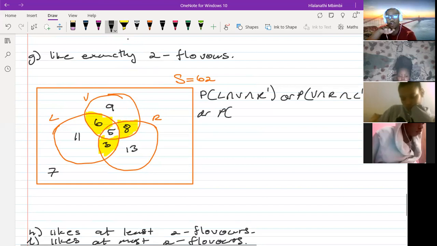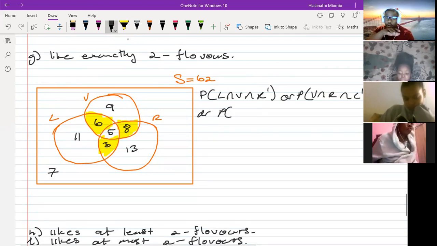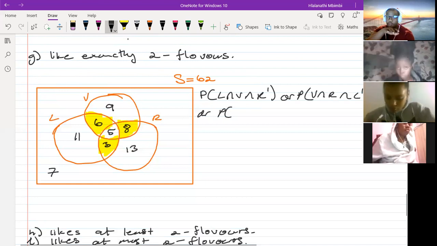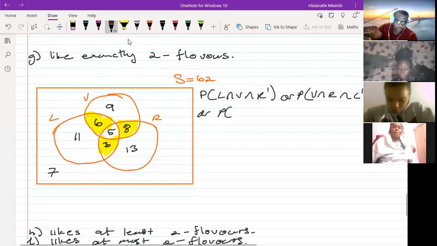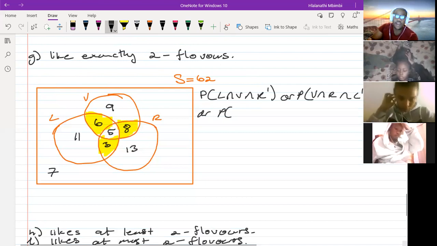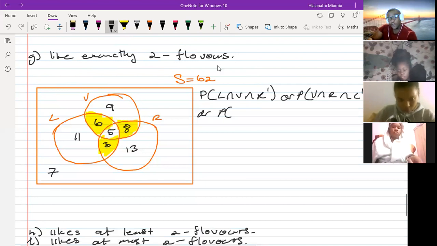It's very important that you know this notation, because if they give you the notation and you don't know how it looks in the Venn diagram, you're not going to be able to read it. And I think, guys, the other tricky thing is that when I give you homework, not everything in it will be something you already know.